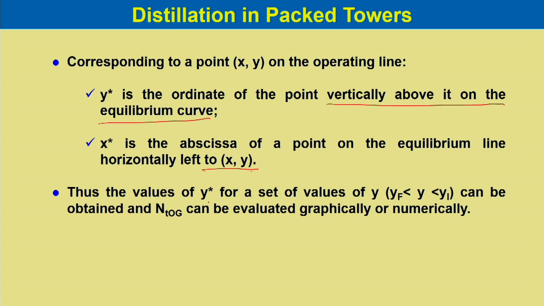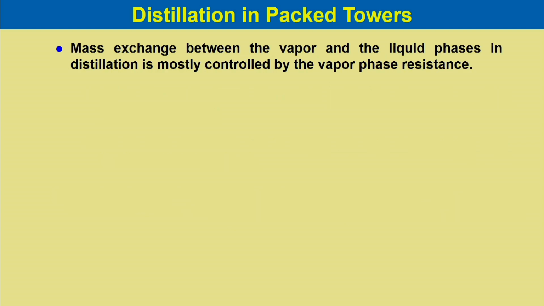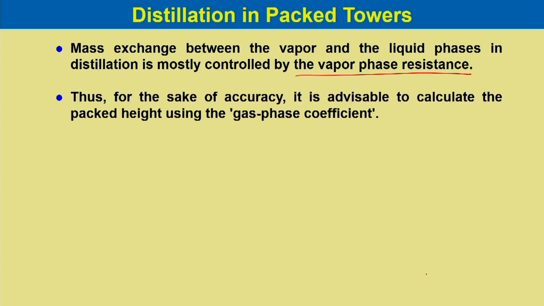Thus, the values of y star for a set of values of y, which is yf less than y less than y1, can be obtained and NTOG can be evaluated graphically or numerically. Now, mass exchange between the vapor and the liquid phases in distillation is mostly controlled by the vapor phase resistance. Thus, for the sake of accuracy, it is advisable to calculate the packed height using the gas phase coefficient.